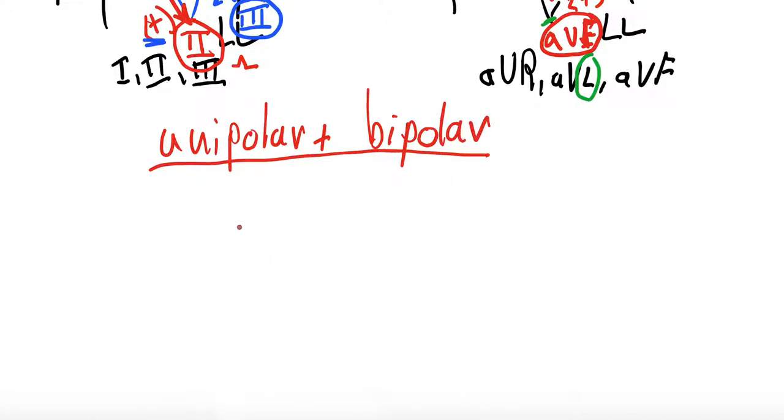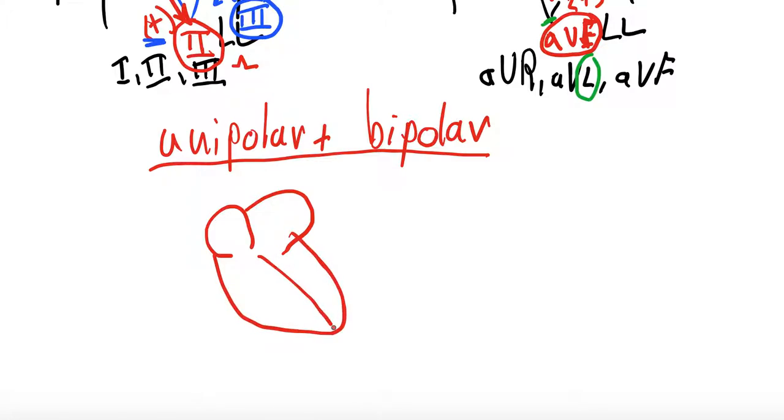So when we think about a heart, I'm going to quickly draw what's surely going to be a terrible heart. There's some atria, there's some ventricle, we'll call that the interventricular septum. Okay, so that is our heart. When we are looking at an EKG, instead of thinking of these bodies up here that are really confusing, we can just give ourselves a middle point in the middle of the heart, and then look at all of our limb leads according to that point.